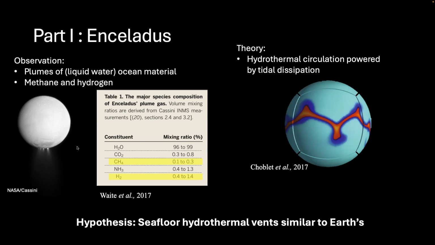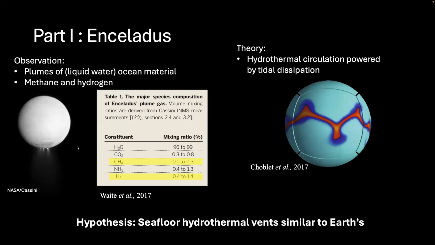In addition to that, other data from the Cassini mission led people who do numerical modeling of what happens to a moon as it orbits Saturn and is deformed by the tides. They predicted that tidal dissipative heating in the rocky core of Enceladus would be sufficient to power circulation of water throughout the porous core.